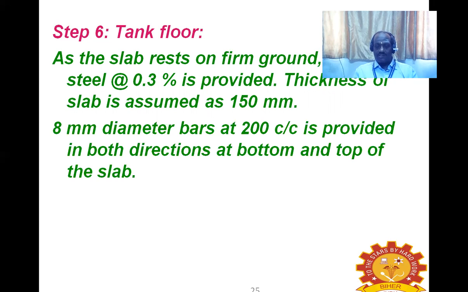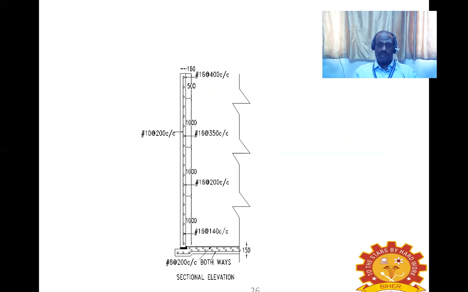Now, for this 0.3% area of steel, we can go with 8 mm dia bars at 200 mm center to center in both directions, on the bottom course and also on the top of the slab. With that, we complete the design of the circular water tank with flexible base resting on the ground, firm ground.